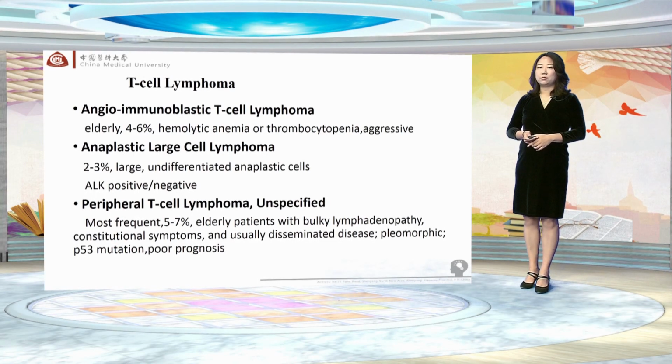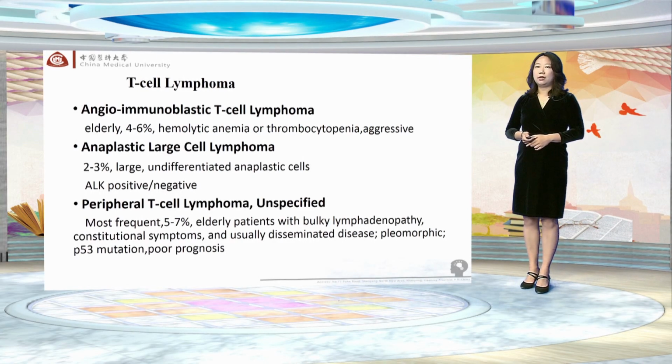The third one is peripheral T cell lymphoma, unspecified. This variety is the most frequent type of T cell non-Hodgkin lymphoma in Western countries, accounting for 5 to 7% of all non-Hodgkin lymphomas. It presents in elderly patients with bulky lymphadenopathy, constitutional symptoms, and usually disseminated disease.